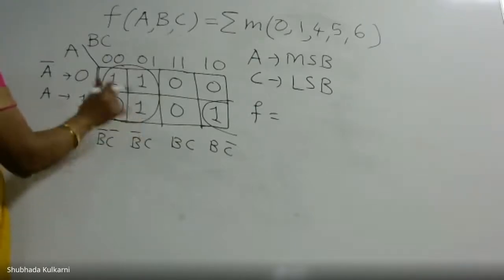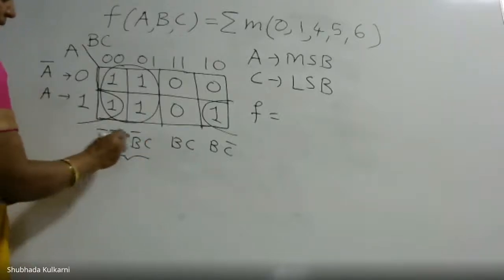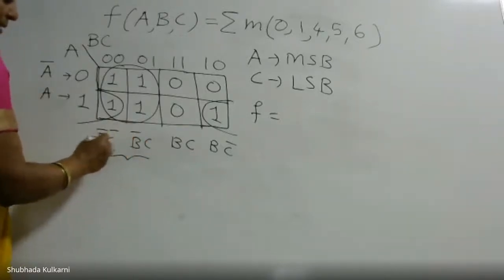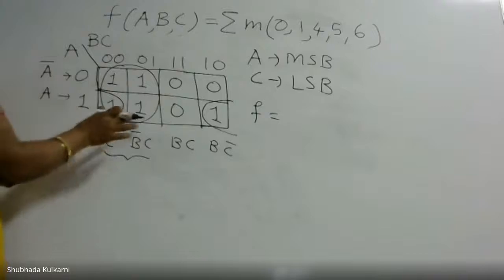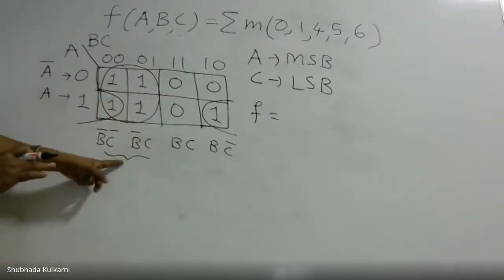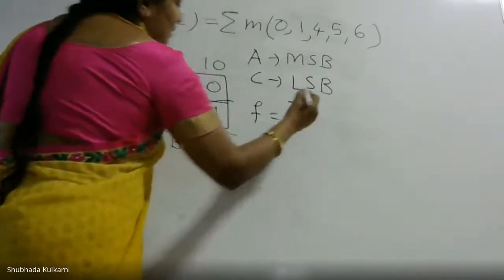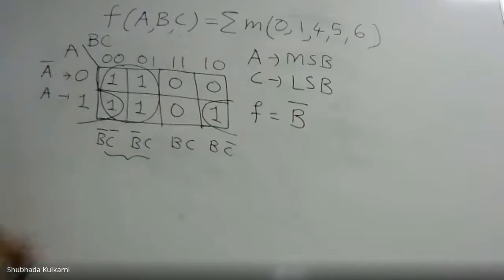And for the column side, B is 0, 0, here to here. B is 0 means B bar. C is changing. So the changing variable for a particular group is eliminated. And according to this, the expression is only B bar. So this quad represents the product term B bar.